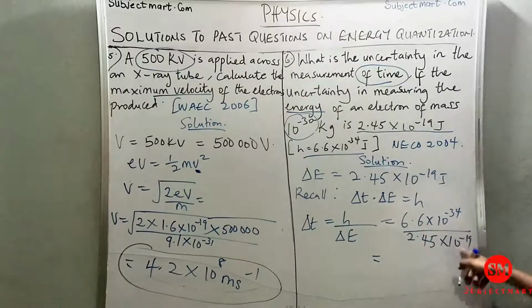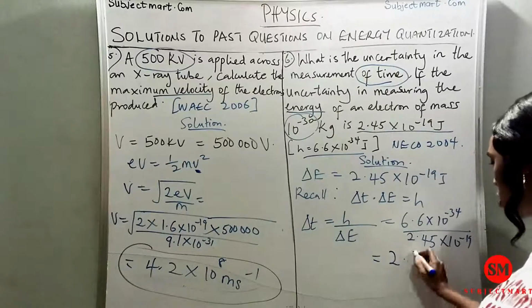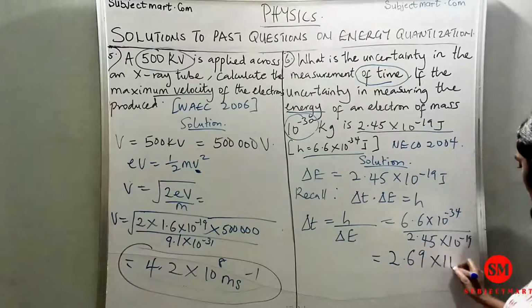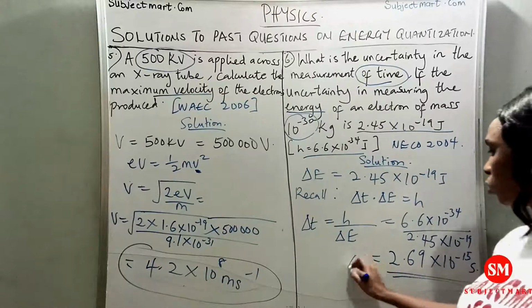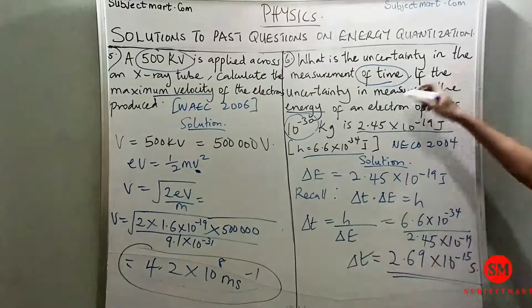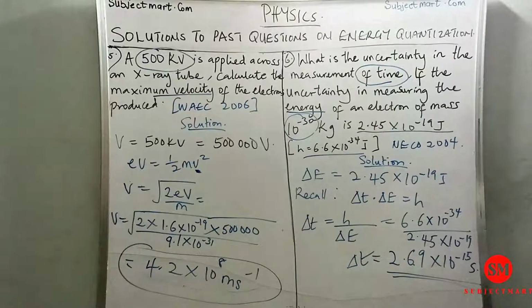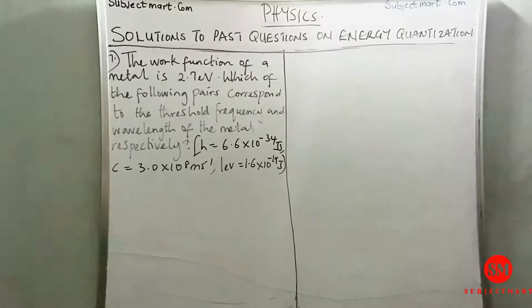If you divide this by this, we have 2.69 times 10 raised to the power minus 15 seconds. So the uncertainty in the measurement of time is 2.69 times 10 raised to the power minus 15 seconds.